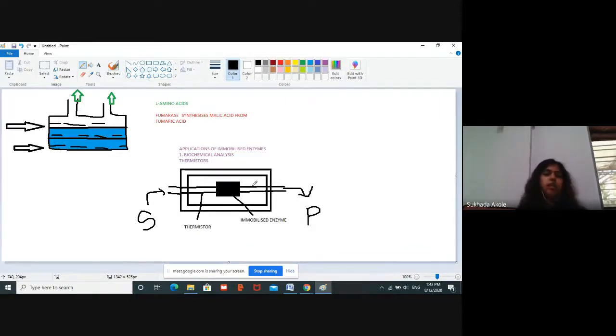Other types of thermistors are also being prepared. For example, if you immobilize urease, you can detect urea present in any substance.